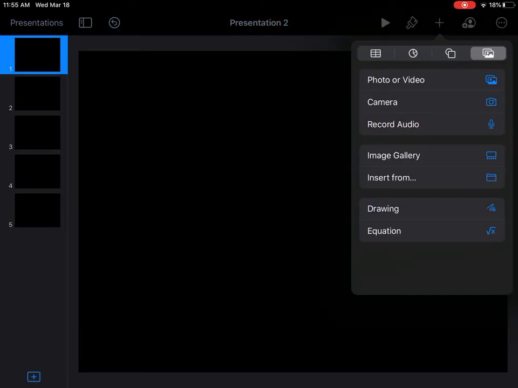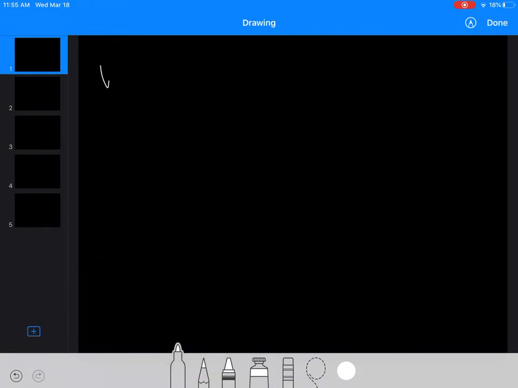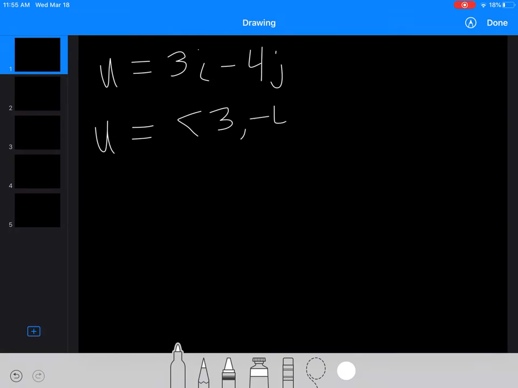All right, so let's say we have a vector u, and it's written as a linear combination of 3i minus 4j. We can always write this back into the component form of 3 and negative 4.